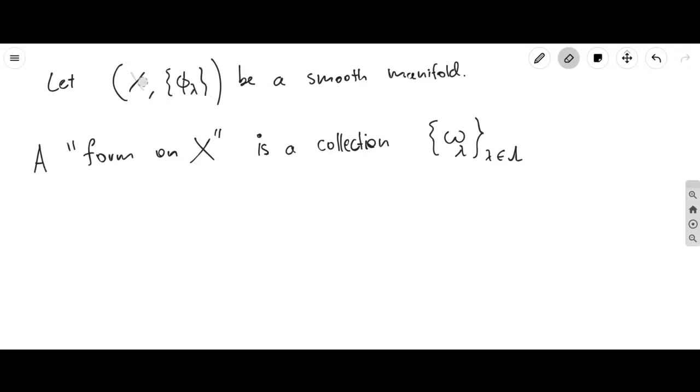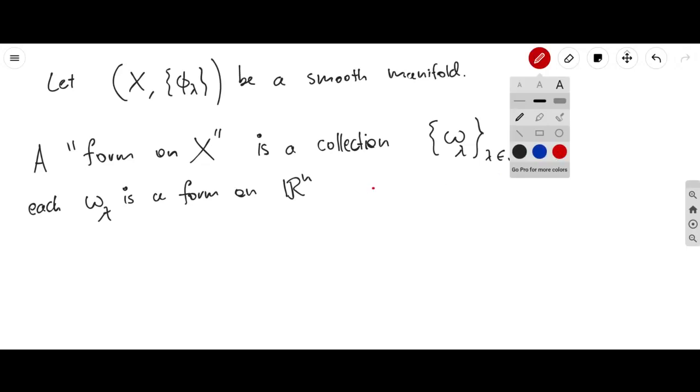That's really what we're doing. So if I want to define what is a form on X, I'm just going to define a form on each chart. So it is a collection of forms, where each omega lambda is a differential form on the lambda chart, on R^n.